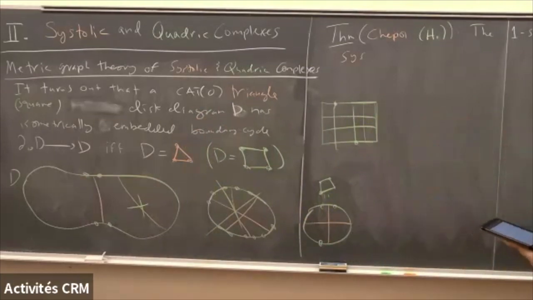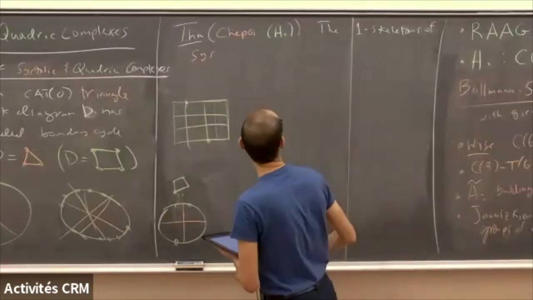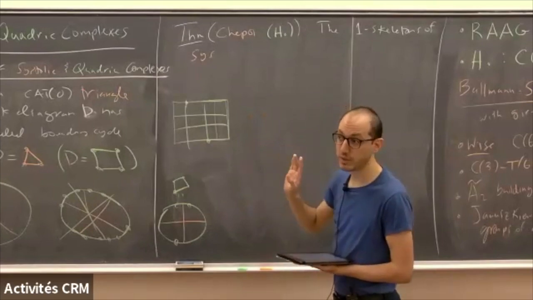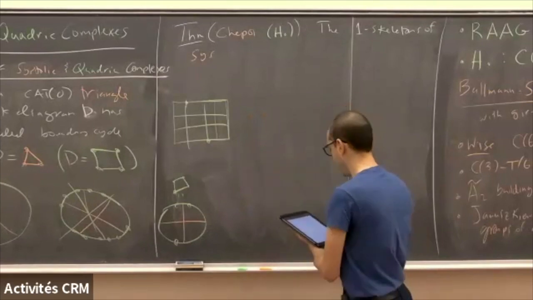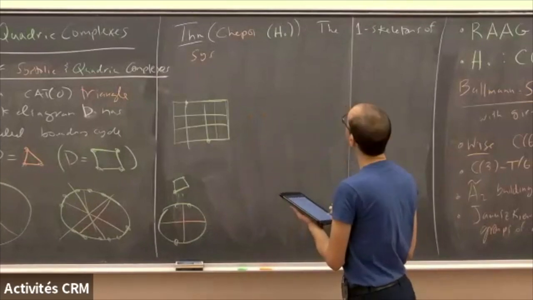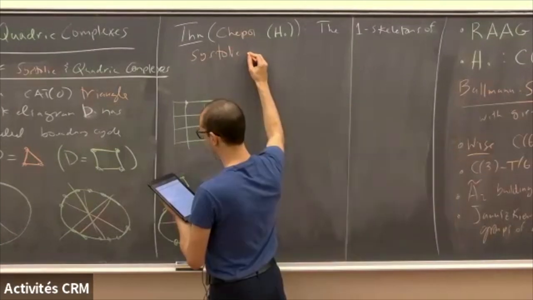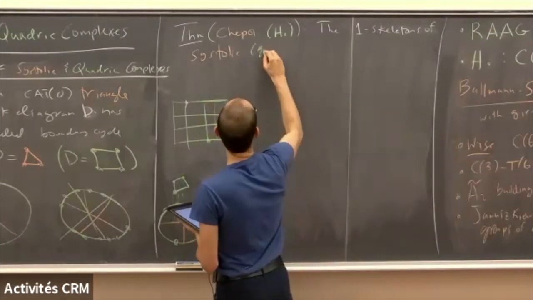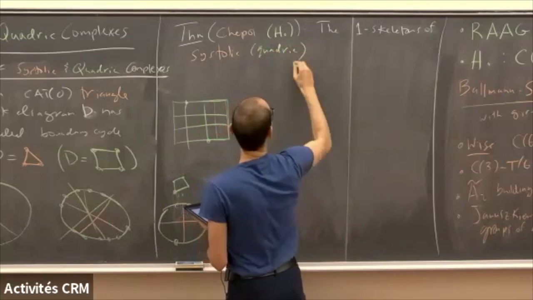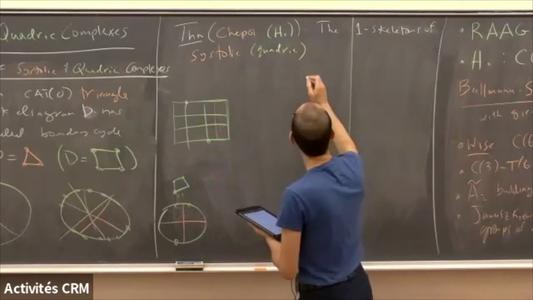Yeah. So let me finish the statement of this theorem, which is going to tell us that essentially these objects are characterized by their one skeletons. They're really in some sense the graphs of systolic and quadric complexes.